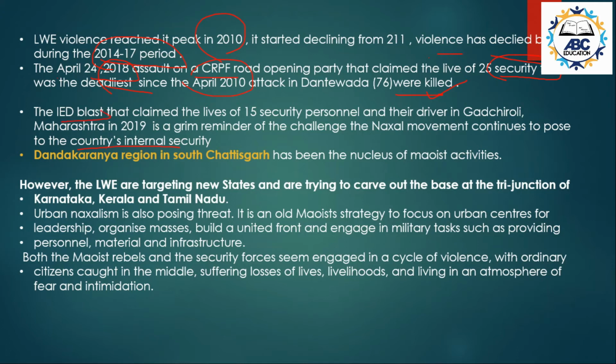There was an IED blast that had claimed the lives of 15 security personnel in Maharashtra in the year 2019. That is, it's just a recent incident when last year also Maharashtra में एक IED blast carry out किया था Naxals ने, and which is showing that the Naxal problem is still not over, and it is continuing to pose a very great challenge to India's internal security.